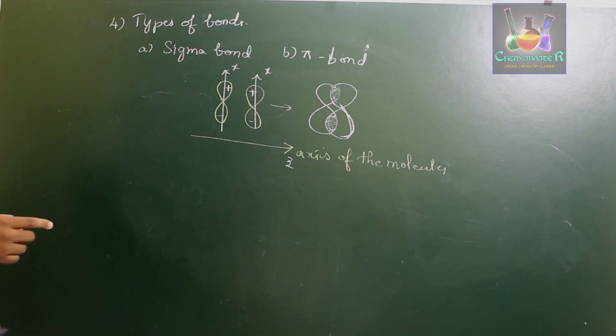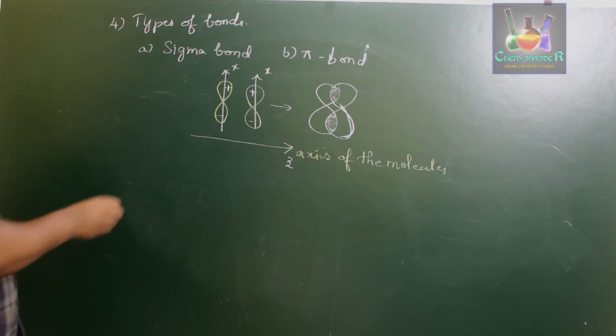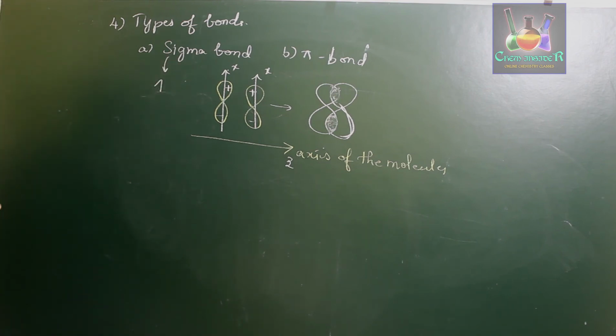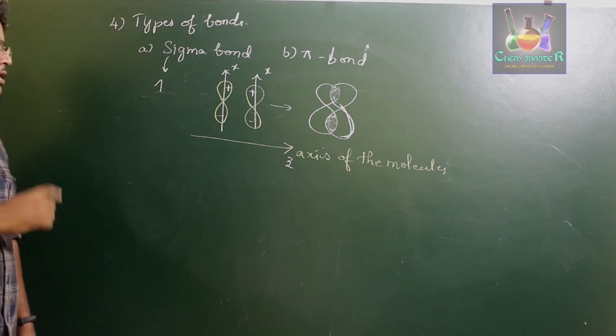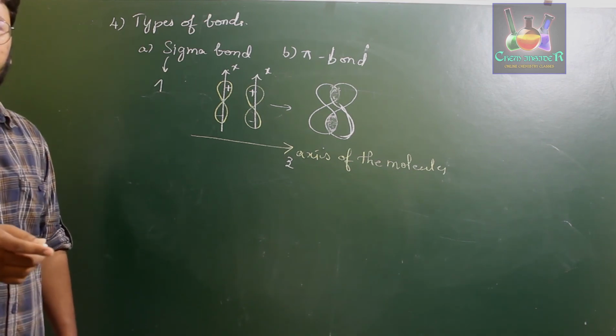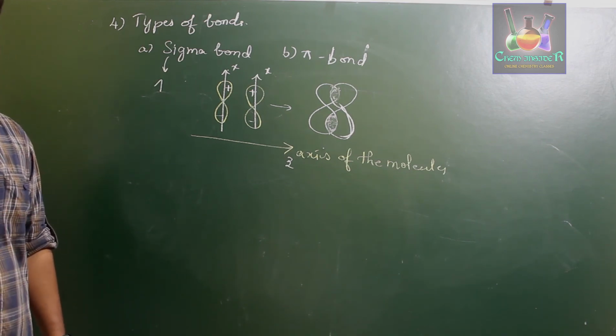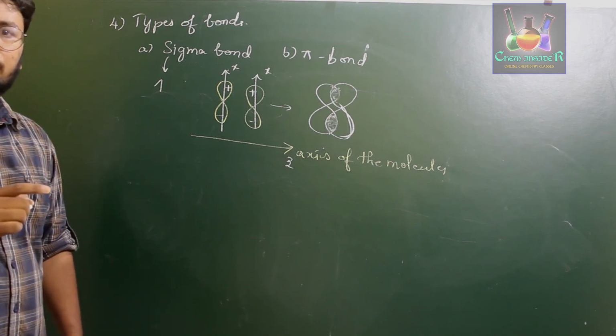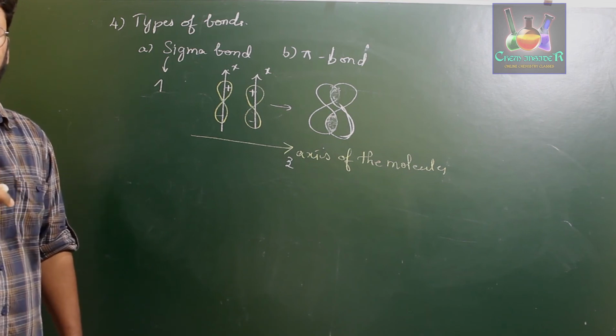An important point to remember here is that sigma bonds are formed when there are half-filled electrons present in the orbital. Pi bonds are formed when one of the half-filled orbitals is paired by one more half-filled orbital. That means pi bonds are always formed after at least one sigma bond has been formed.